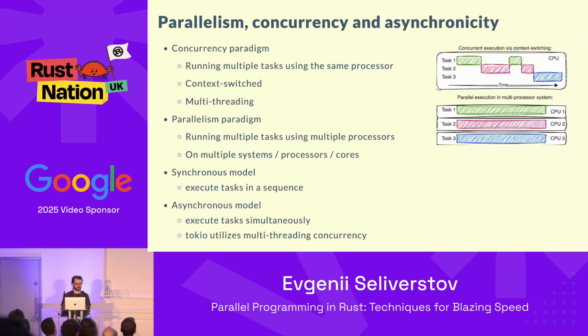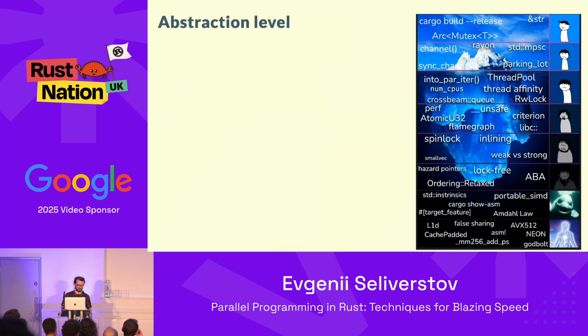So asynchronous versus synchronous is quite different from concurrent and parallel, and we shouldn't confuse them. Of course, the Tokio framework can run with multiple threads, so it's a good sign, right? And we will focus on how to achieve a parallel program execution model with the synchronous model. That's the topic for today.